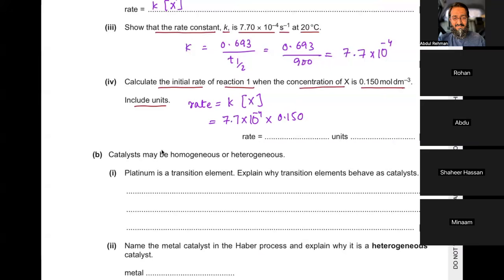So just multiply it and you get 1.16 exponent minus 4, and the unit is going to be mole per dm cube per second.